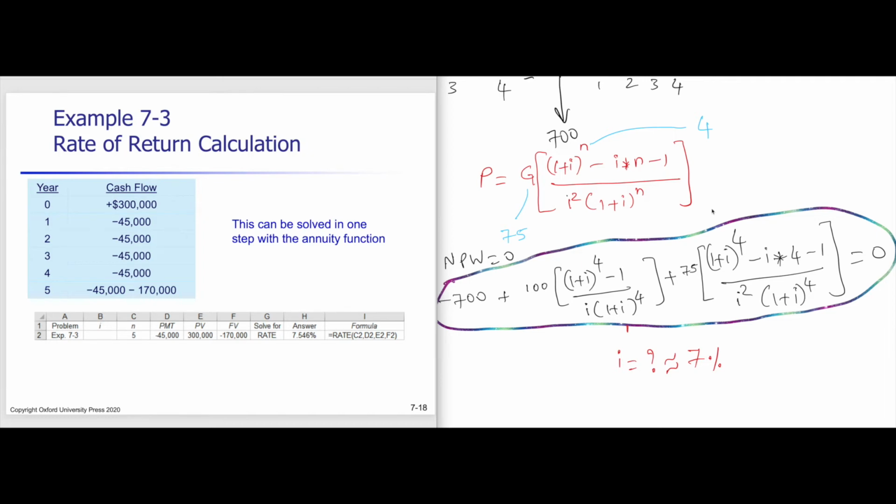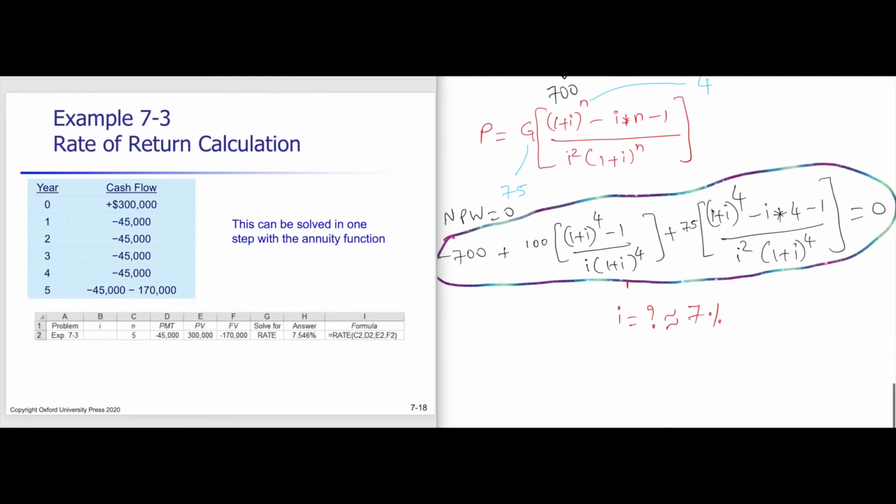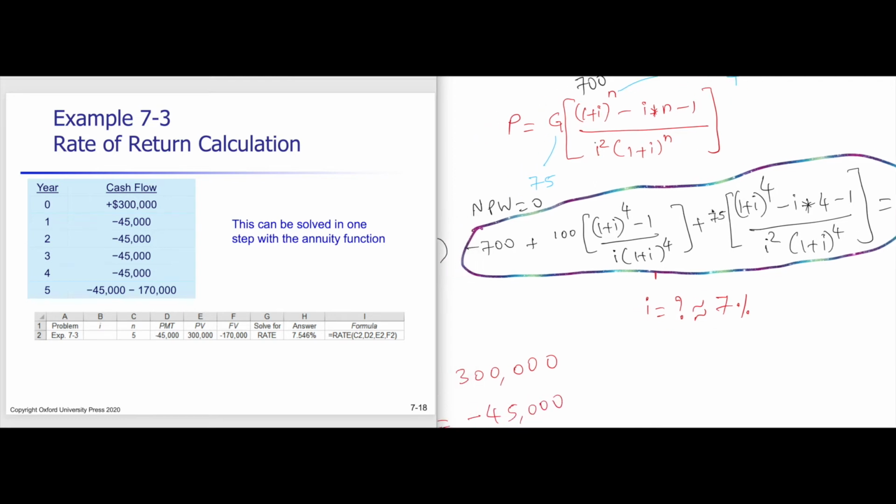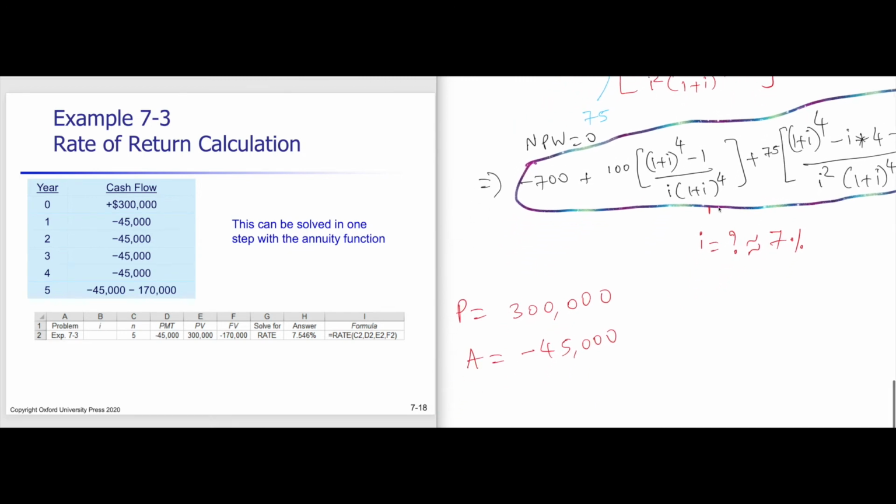For this cash flow, we have present positive 300,000 at 0th year, right? So P is positive 300,000. So identify what is what. A is negative 45,000, right?